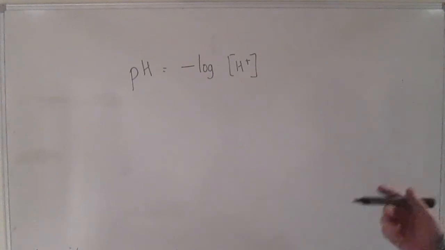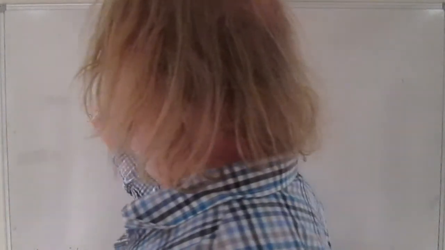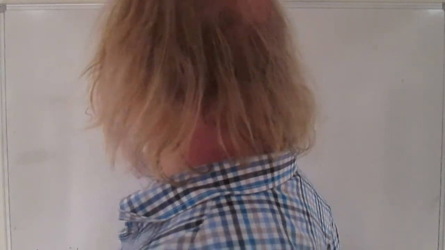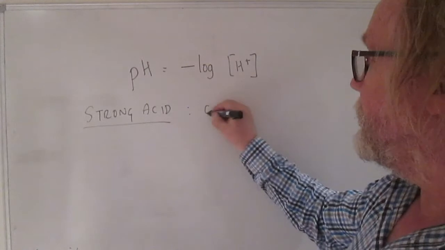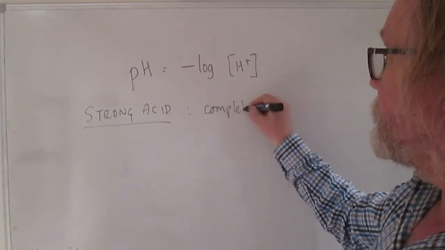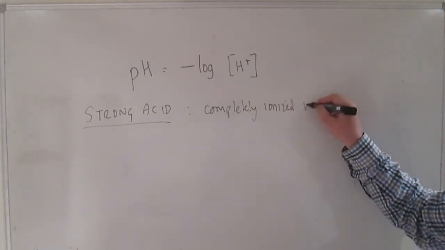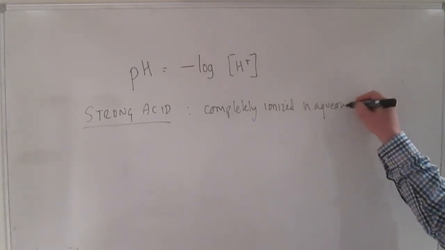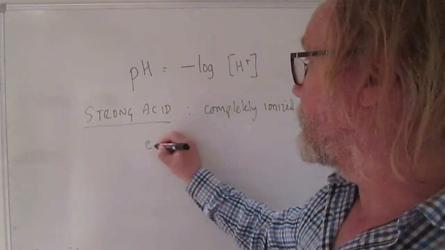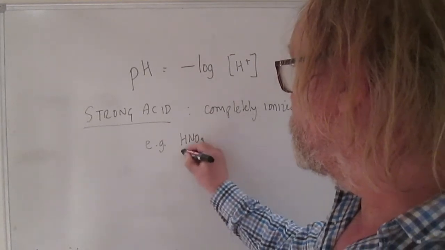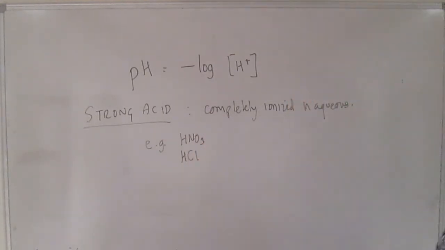So if we're going to get used to using the pH scale, the simplest place to start is with strong acids. So remember the definition, first of all, of a strong acid is that it's completely ionized in aqueous solution. And that makes life very simple, because, for example, if we take nitric acid or hydrochloric acid, those are the two common acids which you need to know are strong acids.